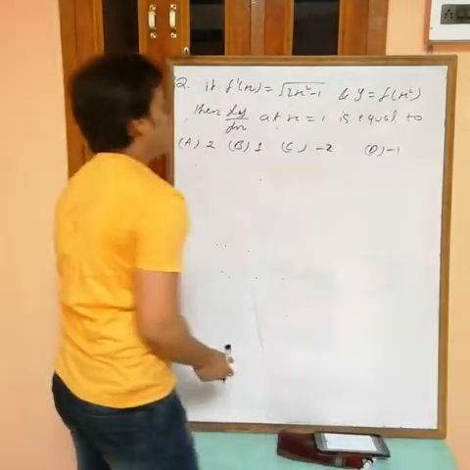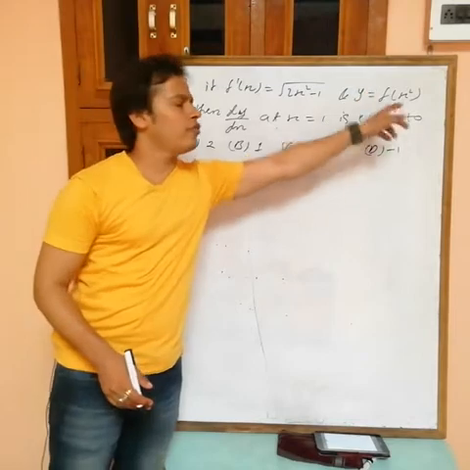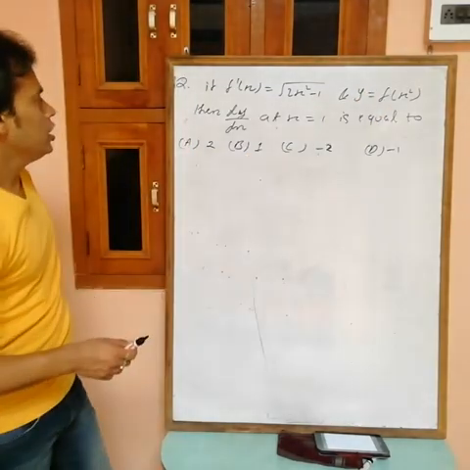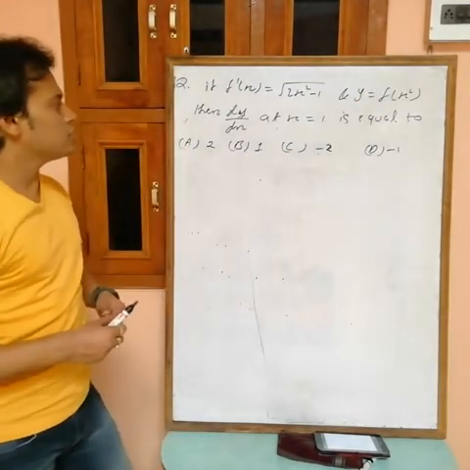Okay, now it is given that f dash x equals this one and y equals f of x square. Then find dy by dx at x equals 1.